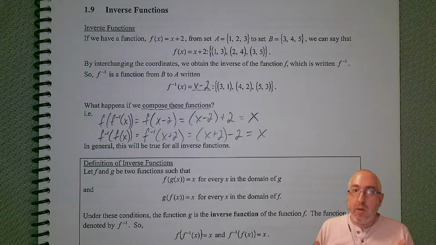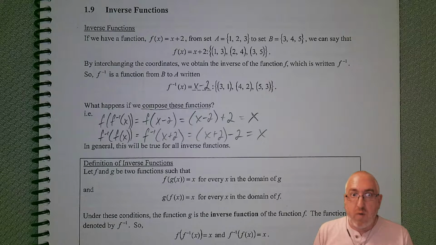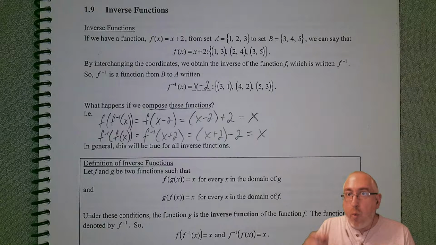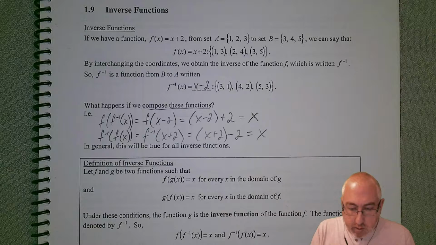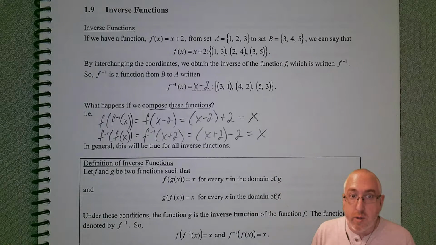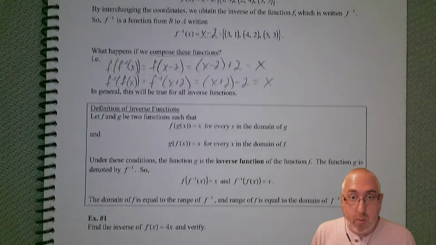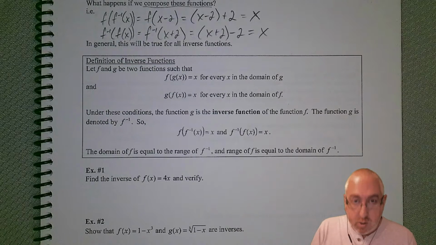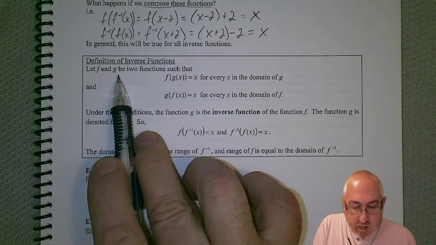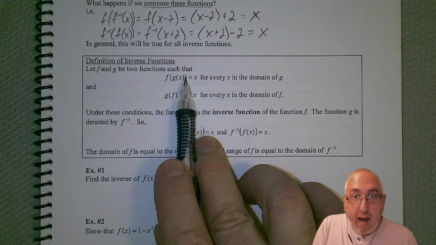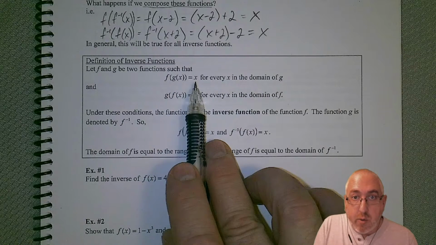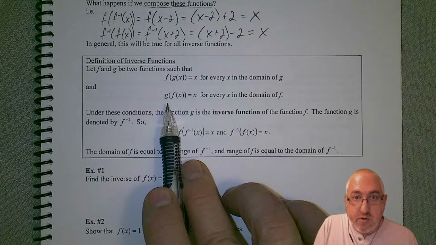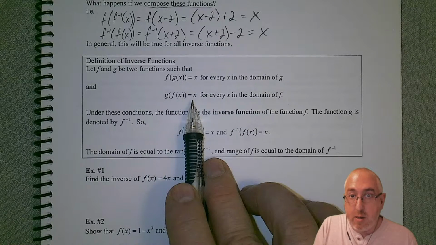And that's going to be the condition that is satisfied when you have inverse functions. We should always get that composition in both directions to boil down to give you x, if they are truly inverses. So that's how we're going to define it. So the definition: f and g are two functions such that the composition of f with g is equal to x, and the composition of g with f is equal to x also.